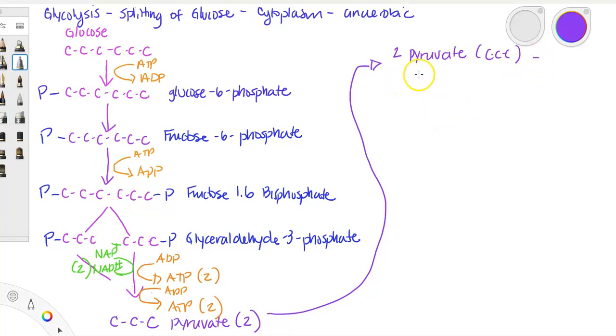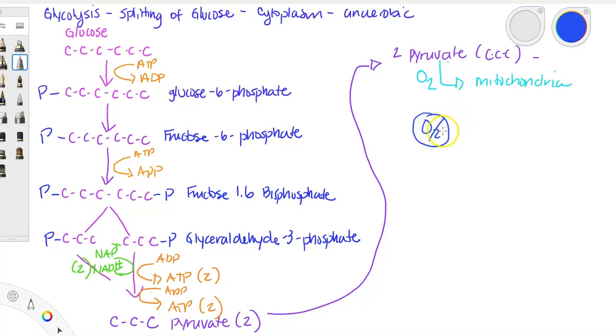And if we have oxygen, if oxygen is available, then pyruvate will go to the mitochondria for aerobic respiration.